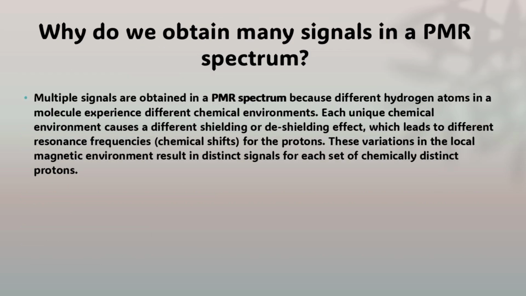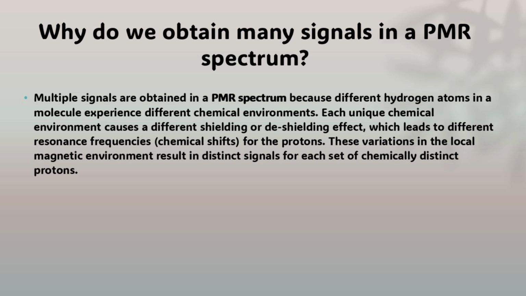The next question is question number 25. Why do we obtain many signals in a PMR spectrum? The answer to this question is, multiple signals are obtained in a PMR spectrum because different hydrogen atoms in a molecule experience different chemical environments.